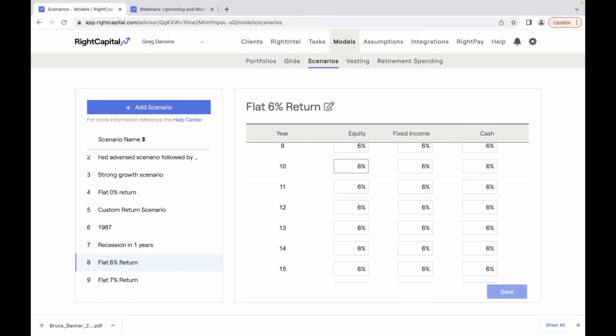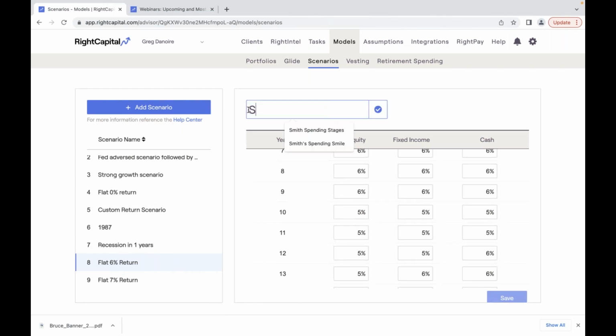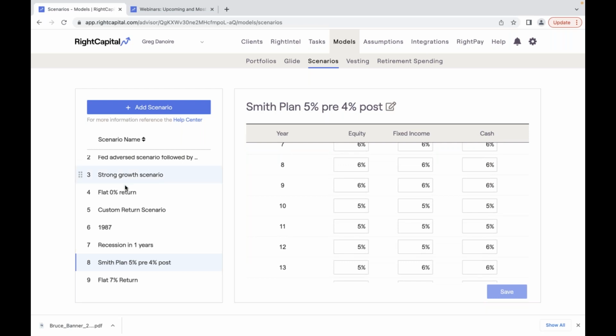You'd be able to build this in and just toggle in your different rates of return here as needed, and then you just simply apply that to the cash flows, and that would work. Another way you could do it is actually to build a glide path, but that might be a little more complicated. The scenarios are pretty simple to do, and then you could just name it, Smith plan, 5% pre-retirement, 4% post, or whatever it's going to be, and you could enter that in as needed. And then just toggle it on the cash flows.